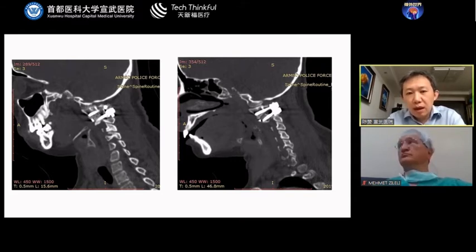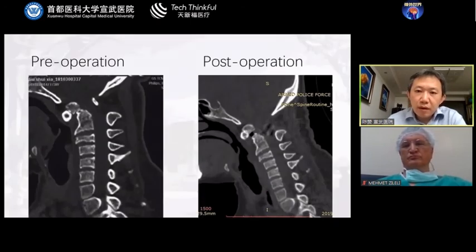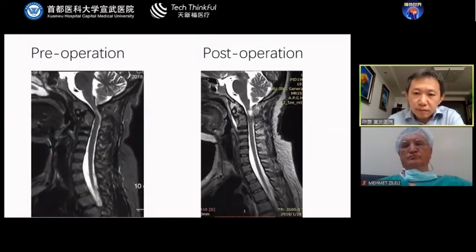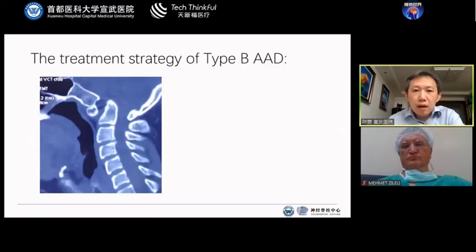We will get a more stable reduction and more solid bone fusion on the bilateral side. Comparing the pre- and post-operation CT scan, we can see that we get a very satisfactory reduction between C1 and C2. Comparing the MRI before and after operation, we can see the spinal cord is totally decompressed.